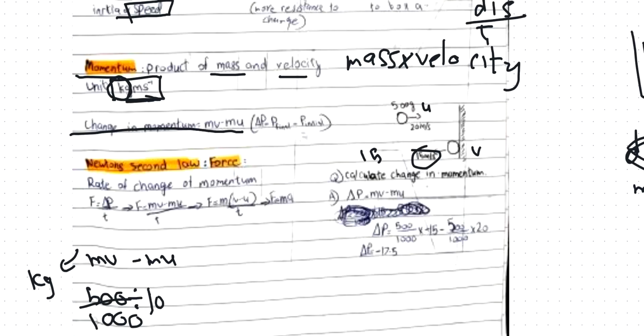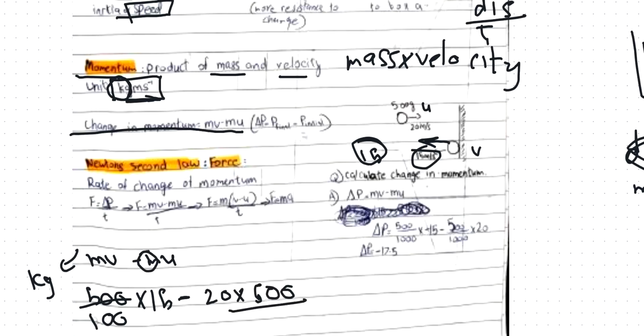And the final velocity, I know, is in the opposite direction, so I'll multiply this by negative 15, because V refers to the final velocity, minus U, which is the initial velocity, which is 20, into the mass, which is 500 over 1000.